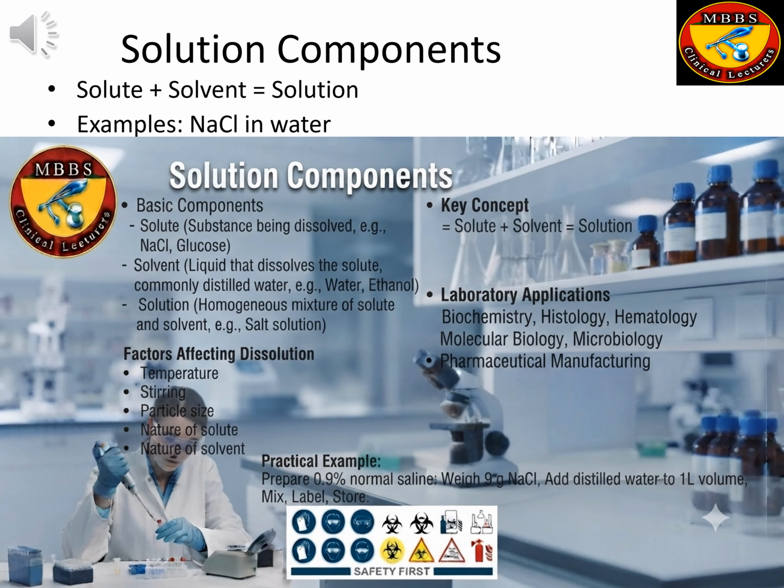Practical example. To prepare 0.9% normal saline: weigh 9 g NaCl. Add distilled water. Make the final volume to 1 liter. Mix thoroughly. Label and store properly. Key concept. Solute plus solvent equals solution.